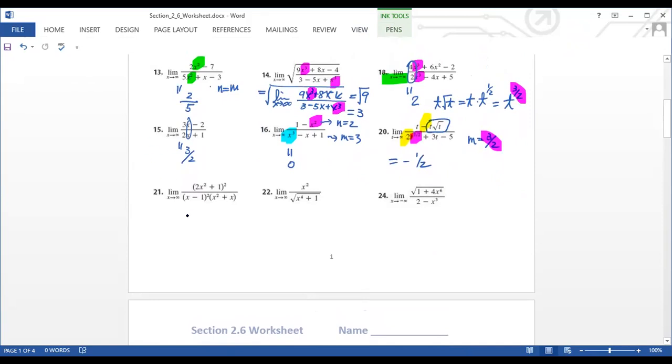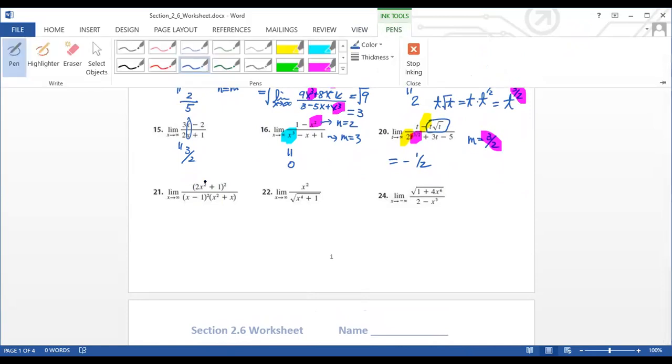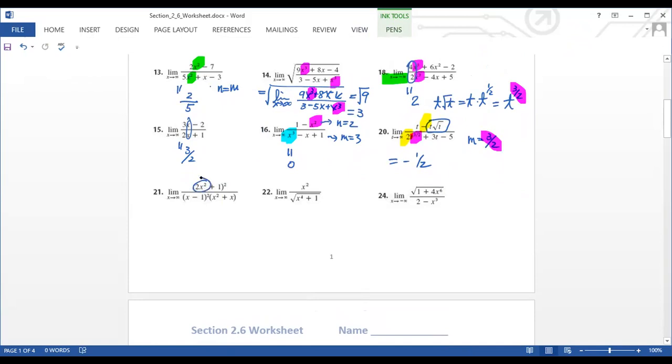Okay, so now this is the limit as x approaches infinity. Take a look here. This is 2x squared, and then you square it. I don't really need to FOIL it because I know after I FOIL it, the highest term is 4x to the 4th.